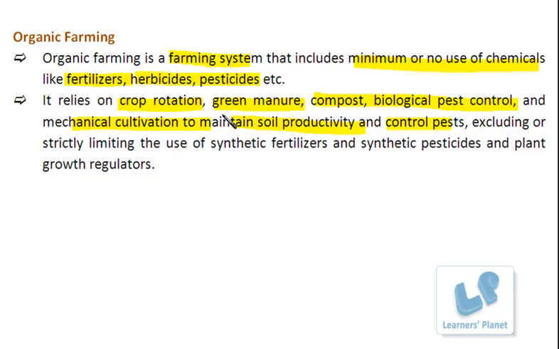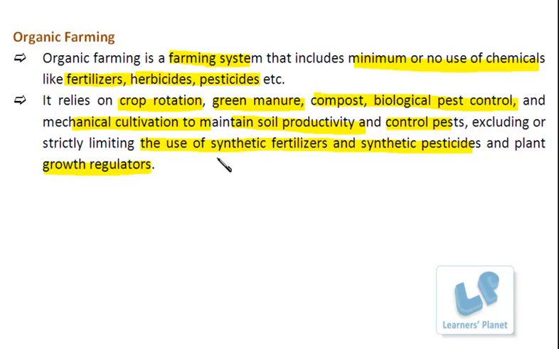Of course, if such type of things are used, definitely there is a limitation for the use of synthetic fertilizers or synthetic pesticides, right? Or of course the growth regulators which are used for the plants also. All these chemical things are kept aside and eco-friendly things are introduced in the farming practices.